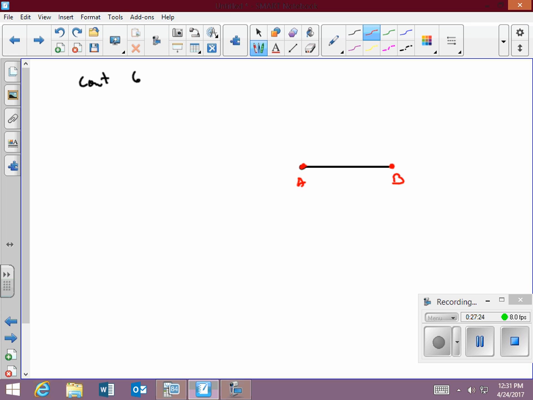And then you swing an arc up here, and then you put your point here and you swing an arc up here. So then what you've done, by construction, you have this side and that side congruent. Now, it doesn't look that way, but that's what it's supposed to be.